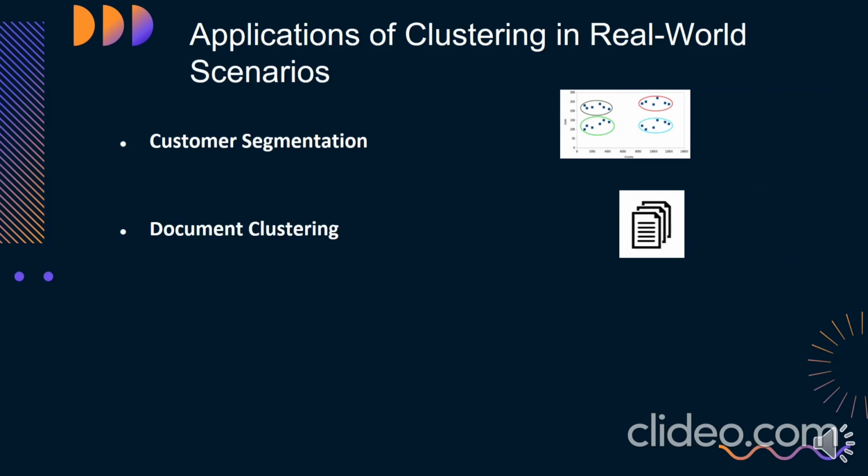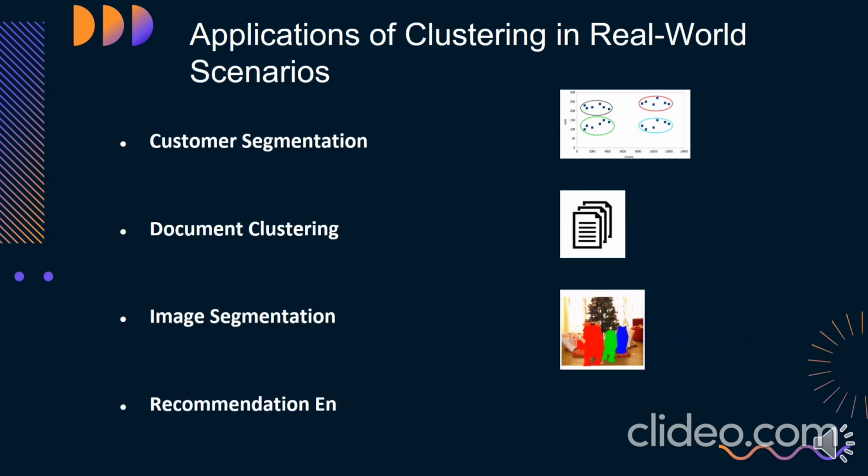Now, clustering is a widely used technique in a large number of industry verticals. One of the most common applications of clustering is customer segmentation, which we already covered in the previous slides. And it isn't just limited to banking.